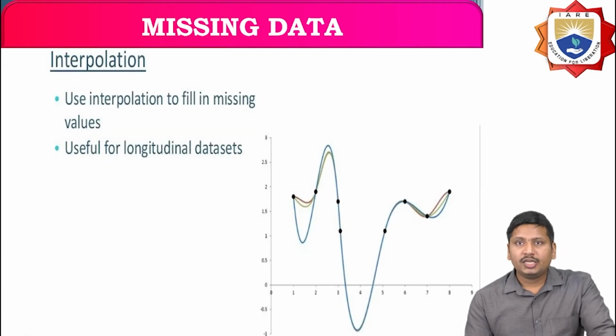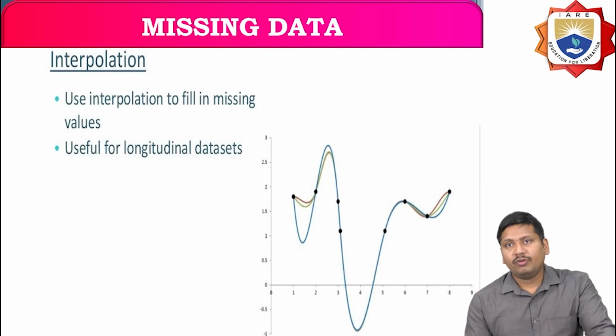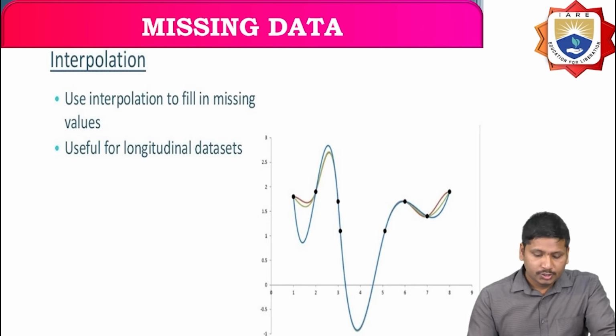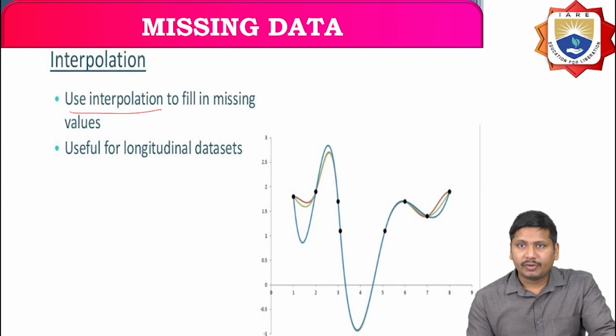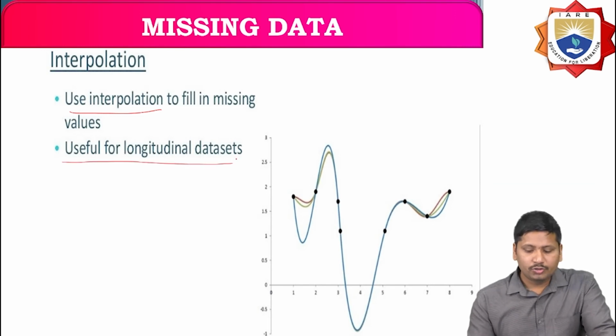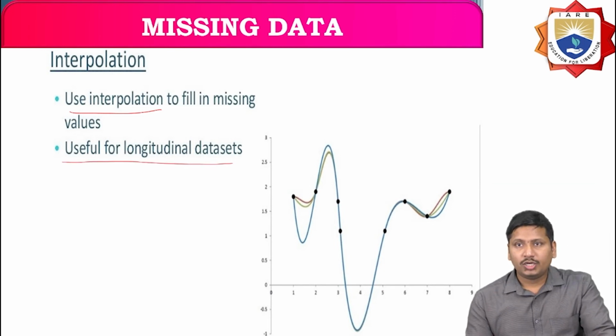And then next one is interpolation. Interpolation is also one of the ways to fill the missing data. Here some mathematical calculations are carried out based on the application, to construct the value I'm getting, and that value is going to fill the missing values. This interpolation is mainly useful for longitudinal data sets.